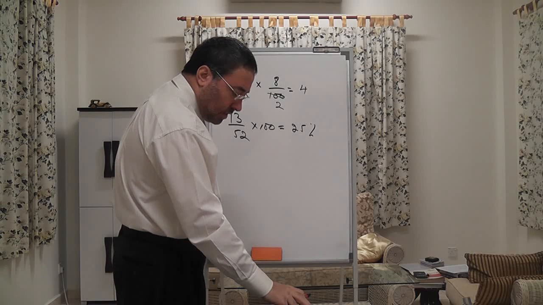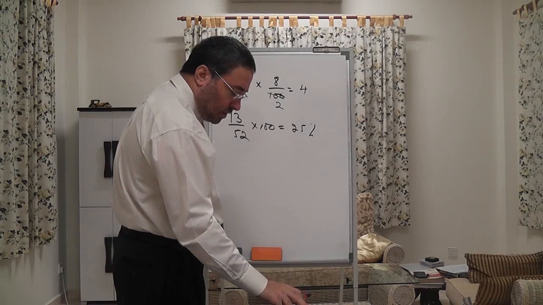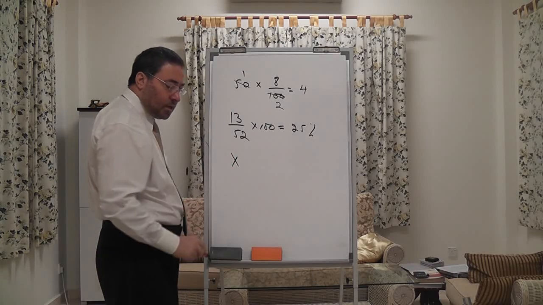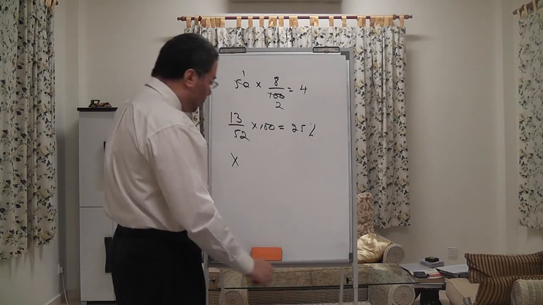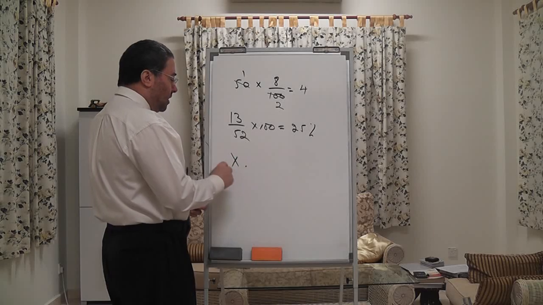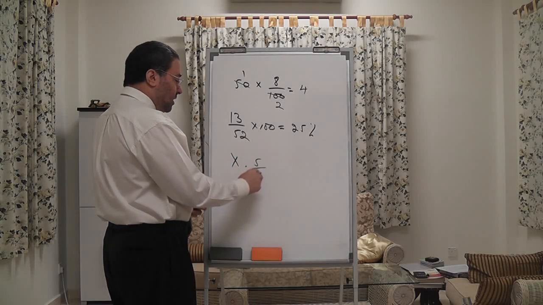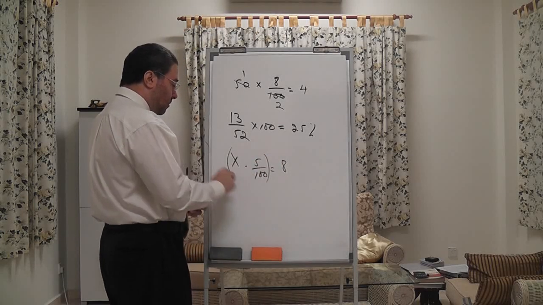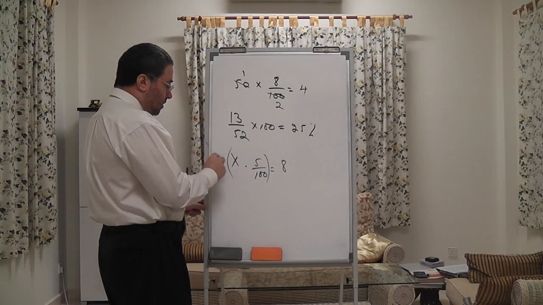Number 6, 8 is 5% of what number? Here the number is unknown, so it is x, and 5% of x is 8. So we multiply x times 5%, and that's equal to 8. We multiply everything by 100 over 5.